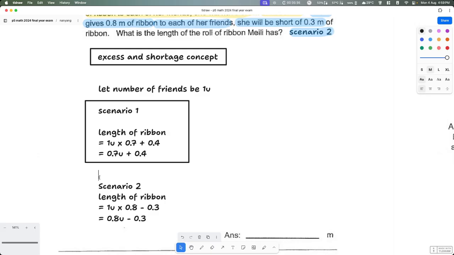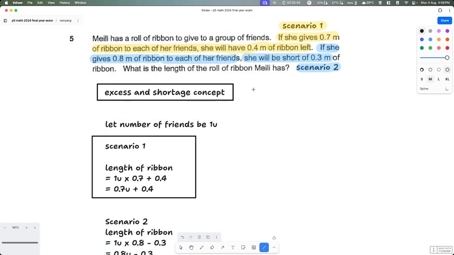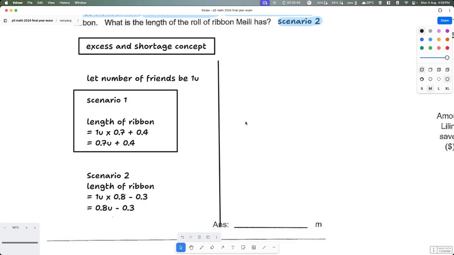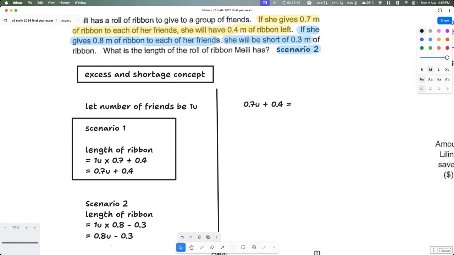So from here, what we can do: 0.7 units plus 0.4 is equal to 0.8 units minus 0.3.